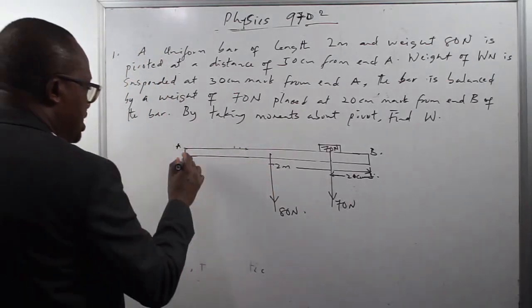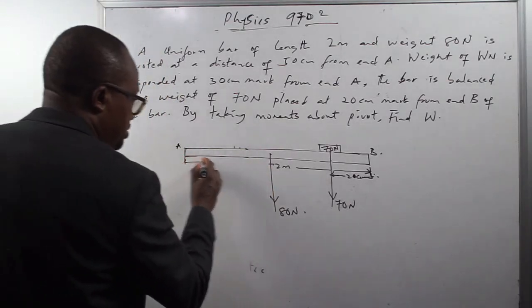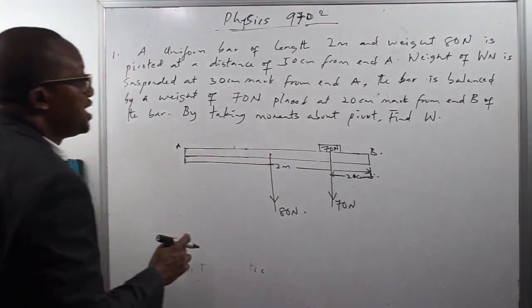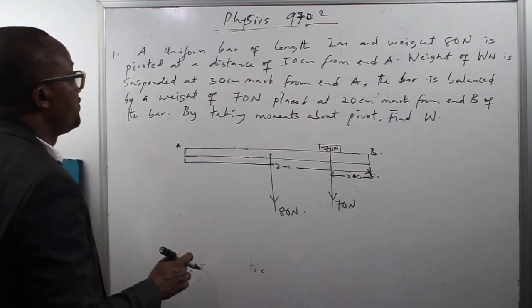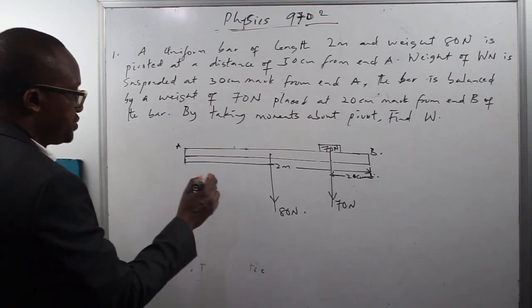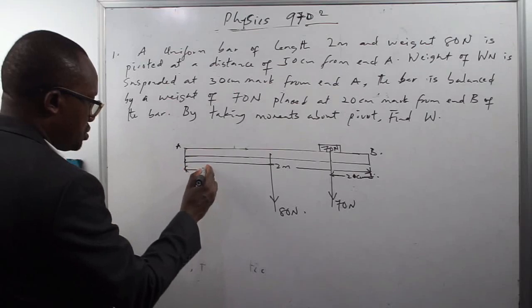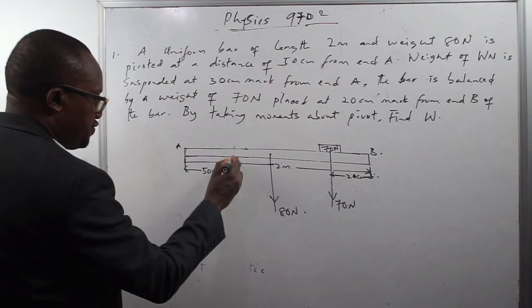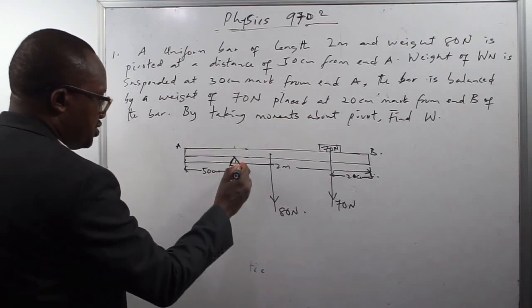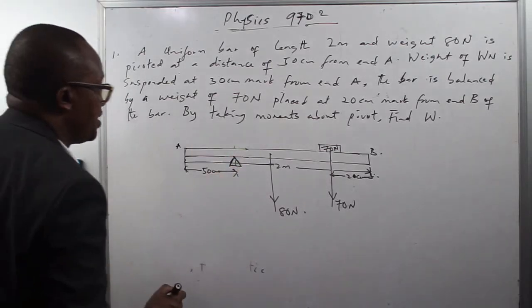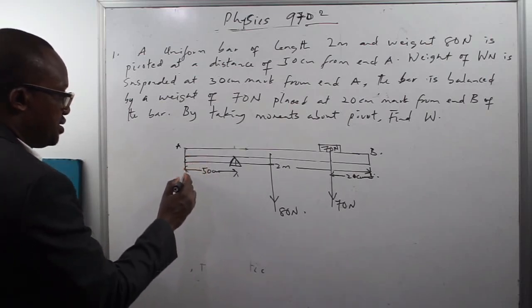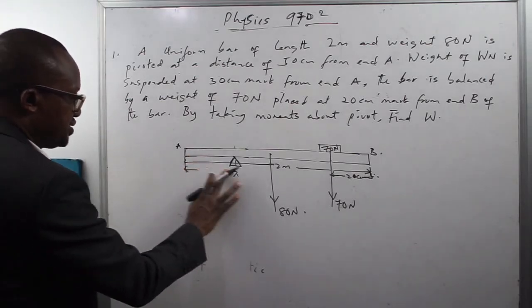So the length of the uniform bar is 2 meters. It is pivoted 50 cm from NA. So this is 50 cm. The pivot is located 50 cm from NA. Then we are told that weight of W newtons is suspended 30 centimeters.